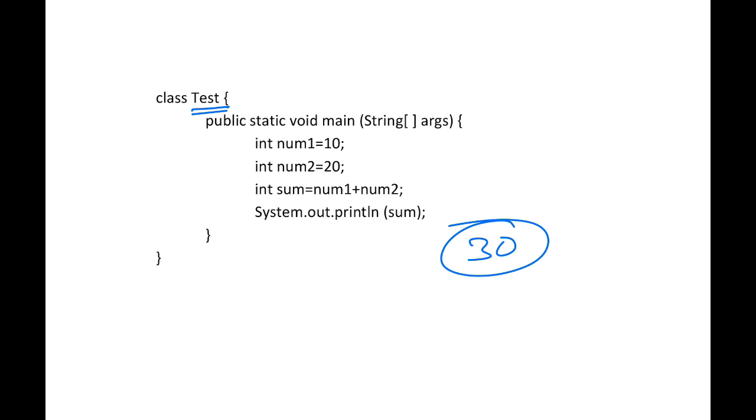Such names, that means the name of the class, the names of the variables, are called identifiers. And all identifiers in a program must obey the following rules. So what are the rules the identifier needs to obey?